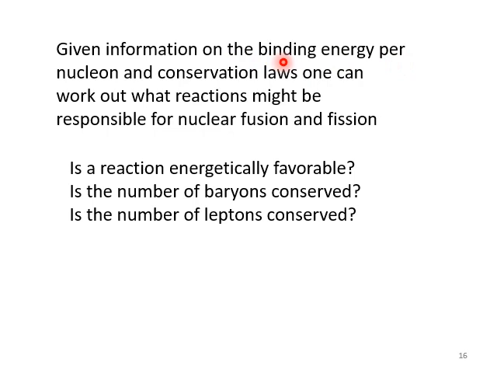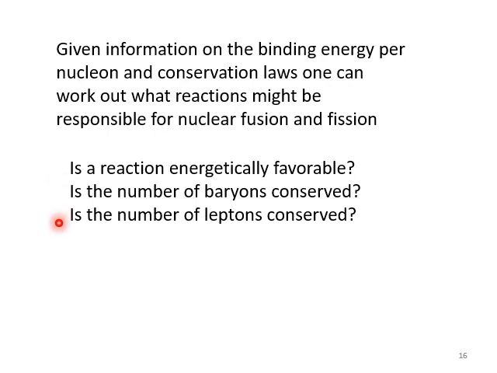The information that we want to look at is the binding energy per nucleon, and then there will be some limitations, which we'll discuss when we get to particle physics, with respect to what is permitted. The primary law we're going to look at right now is the question of whether a reaction is energetically favorable or not.